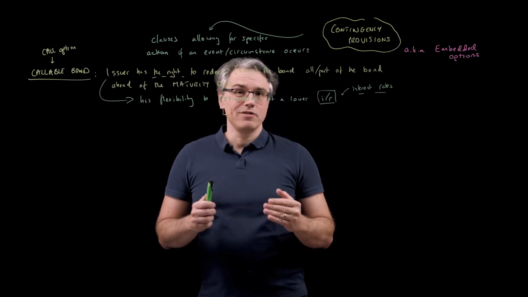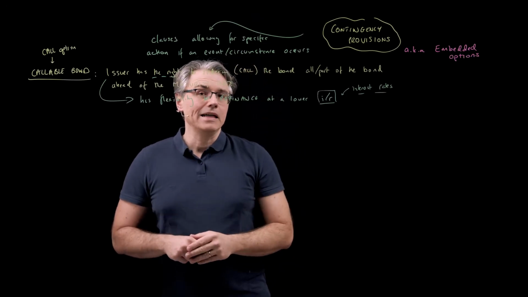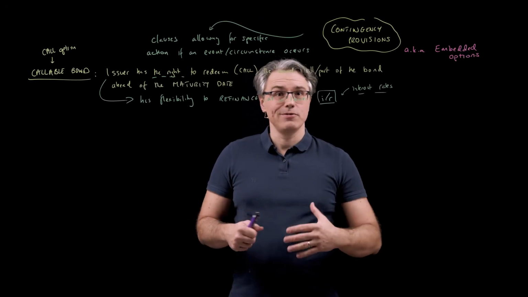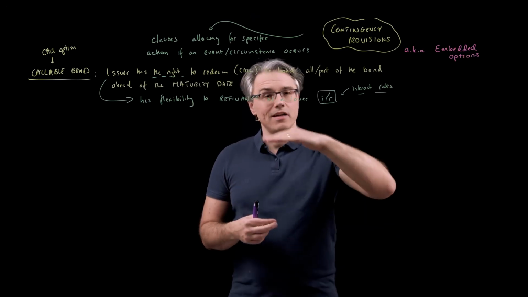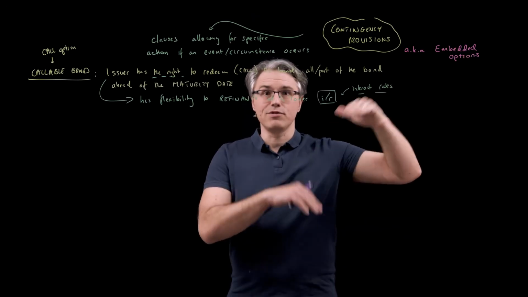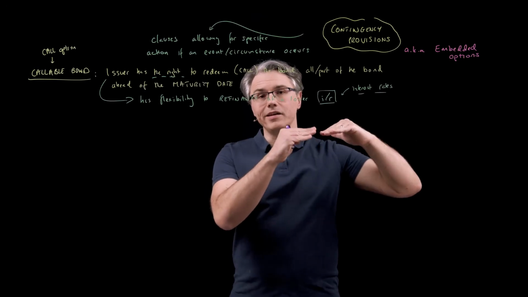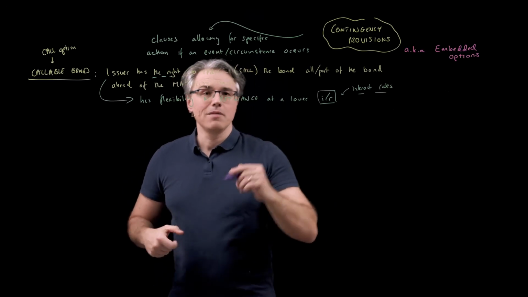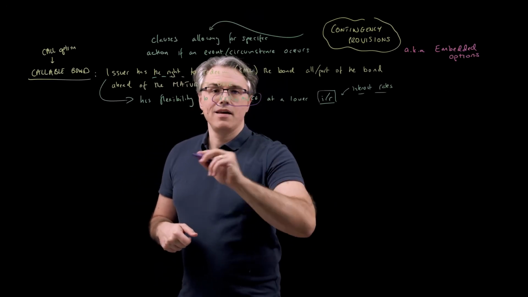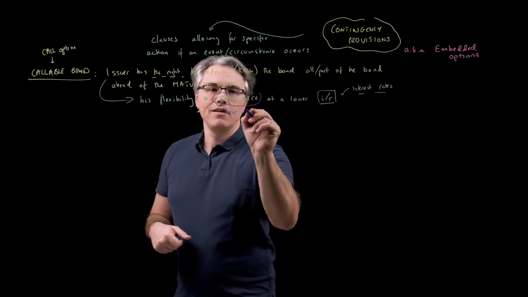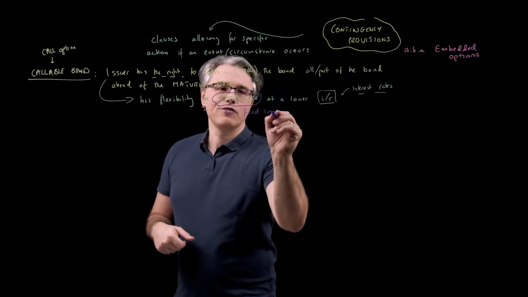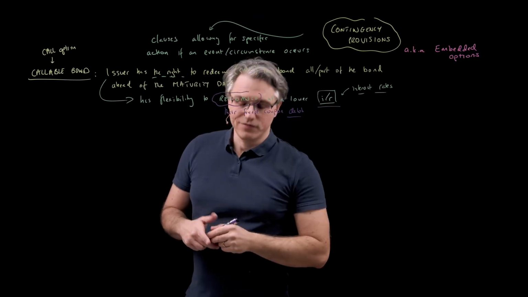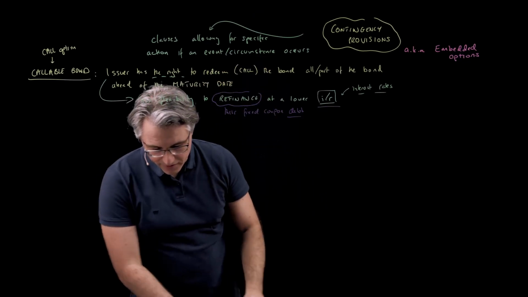Now, if subsequently interest rates in the market drop, what a callable bond allows the issuer to do is not stay stuck paying that higher coupon, which was fixed at a time when interest rates were indeed higher, but take advantage of the fact that they can now go to the market, issue a fresh bond, meaning refinance their fixed coupon debt, taking advantage of the lower interest rates which now prevail in the market.